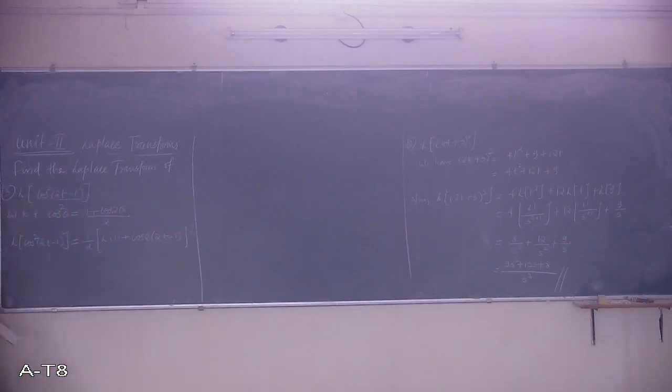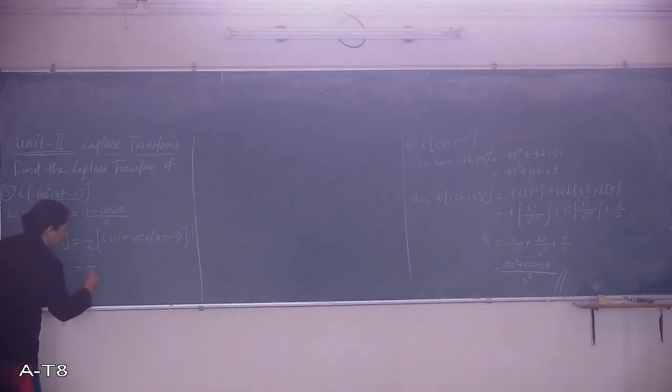This is what you get when you use cos square theta as (1 plus cos 2 theta) divided by 2. Now you can take the Laplace transform. Laplace transform of a constant is that constant divided by s, so the Laplace transform of 1 is 1 by s.